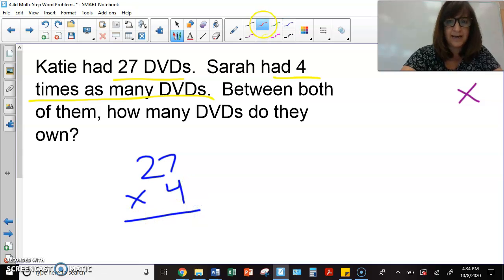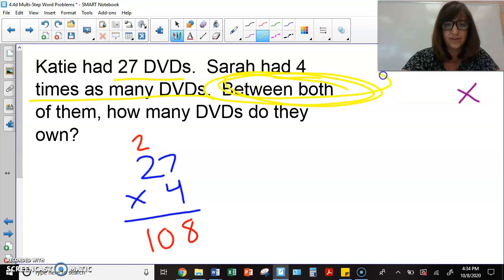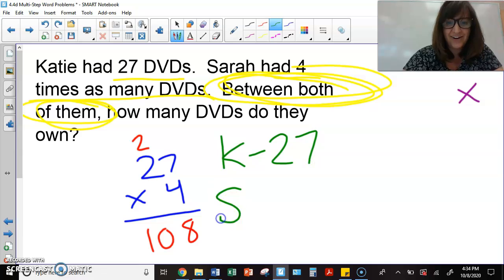I'm going to multiply. 4 times 7 is 28. 4 times 2 is 8, plus 2 more is 10. That's 108. Well, it says between both of them, how many DVDs do they own? Okay, so look, Katie has 27 DVDs. Sarah has 108 DVDs.